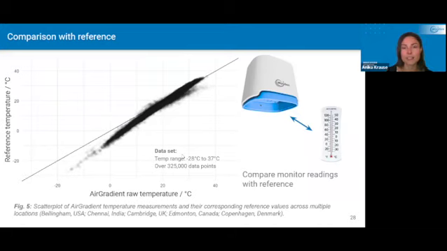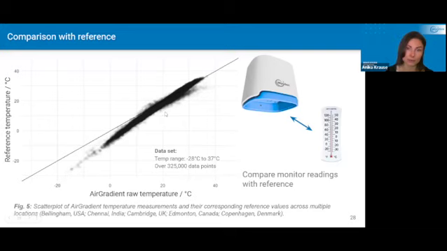I compiled basically a large data set where we compare the raw temperature data from our AirGradient monitors with reference data over different locations. So this whole data set here has over 300,000 data points and covers a really large temperature range. It goes down to minus 28 degrees, because particularly in the low temperatures, we saw this problem.